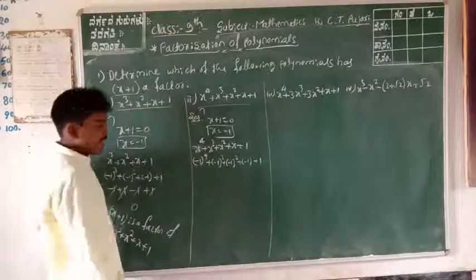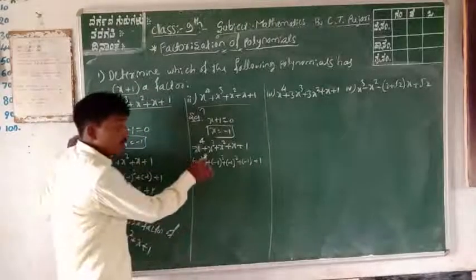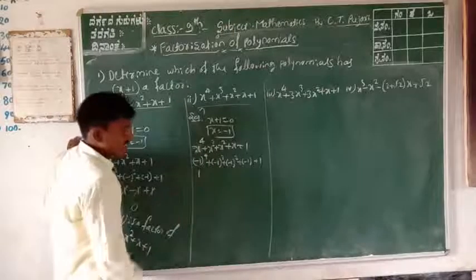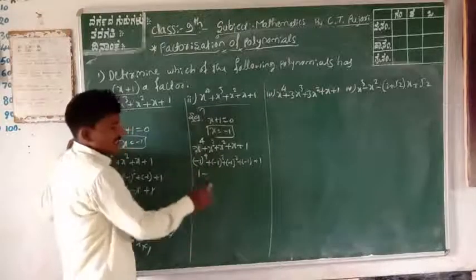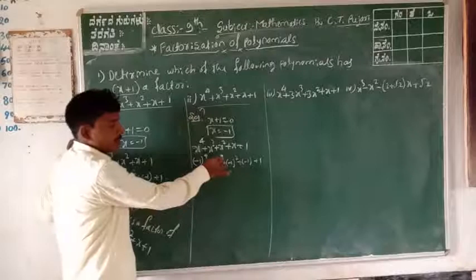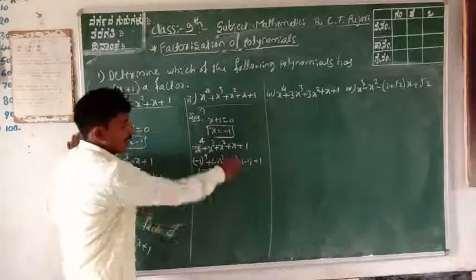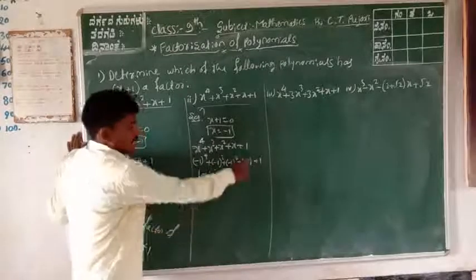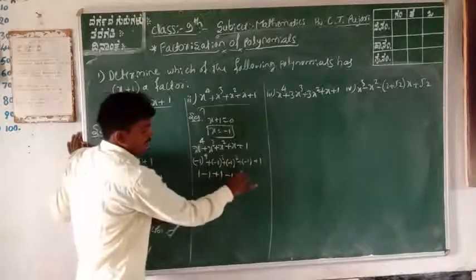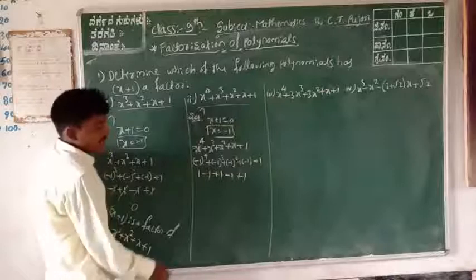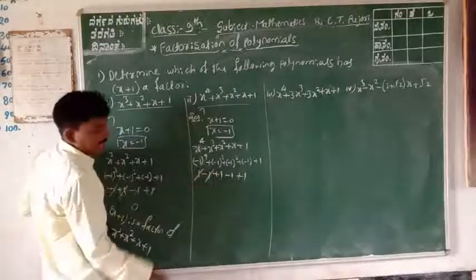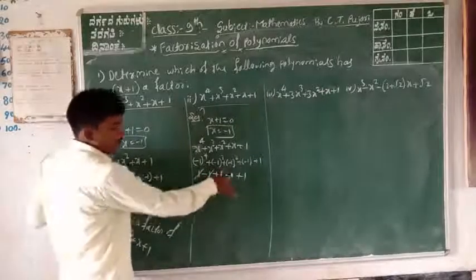Minus 1 raised to an even number is plus. Minus 1 raised to an odd number is minus. Again an even number is plus, and the last is minus 1 plus 1. Next, simplification: plus 1 minus 1 cancel, again plus 1 minus 1 cancel.